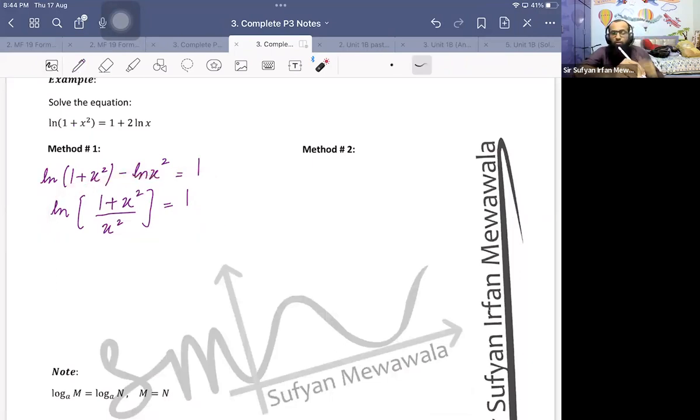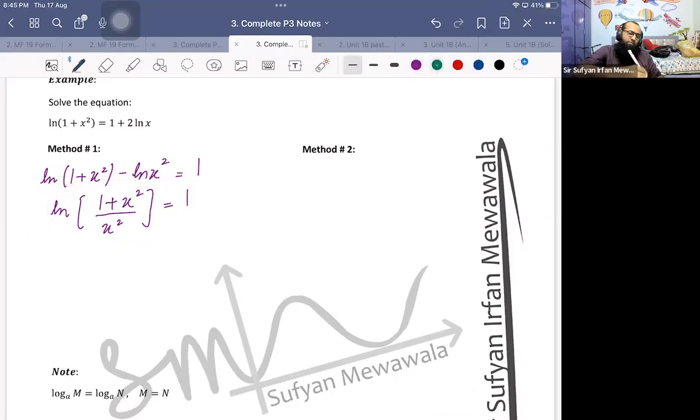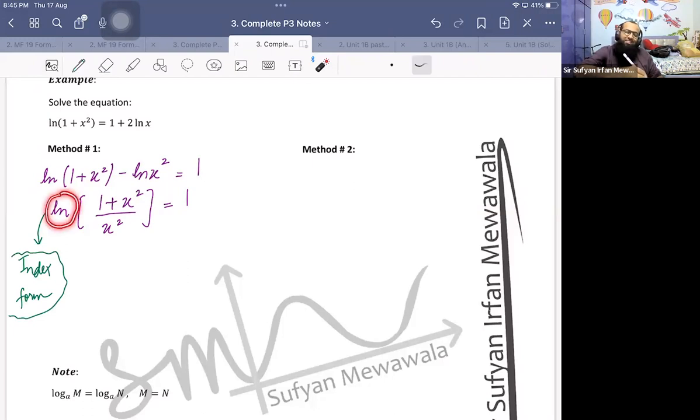Now we have to find the value of x. Now, after this step, we have to convert from log form to index form. So we already know how to convert from log form to index form. Now this ln is what? This is log with a base of e.